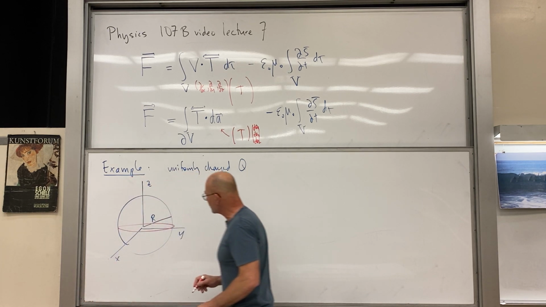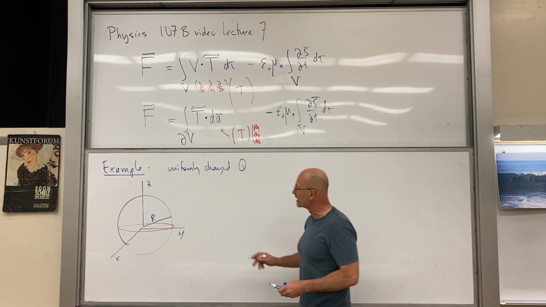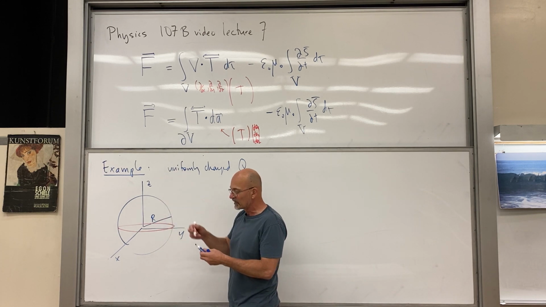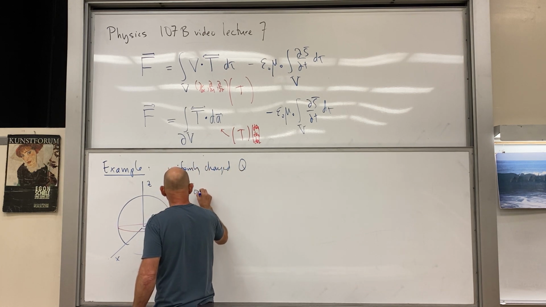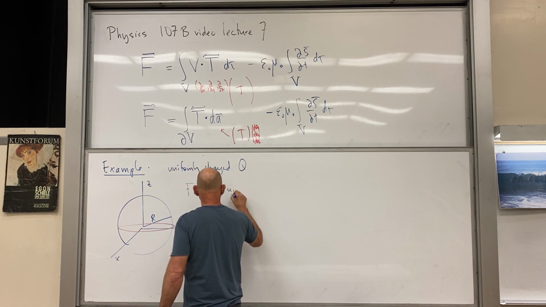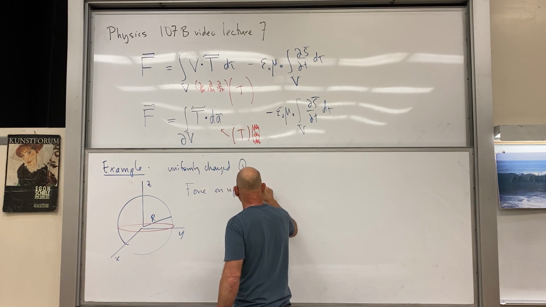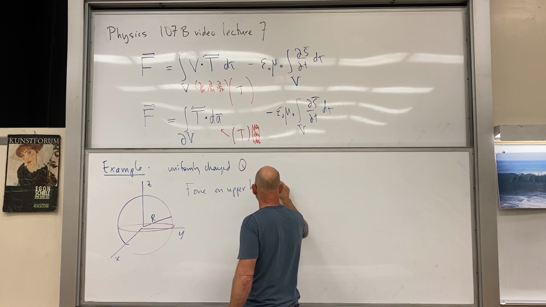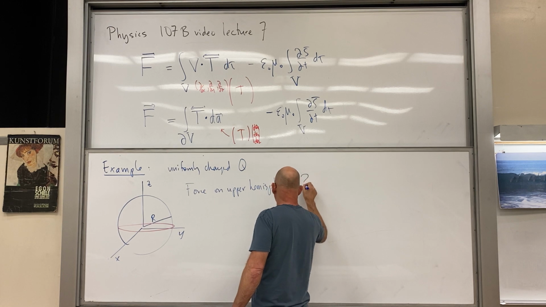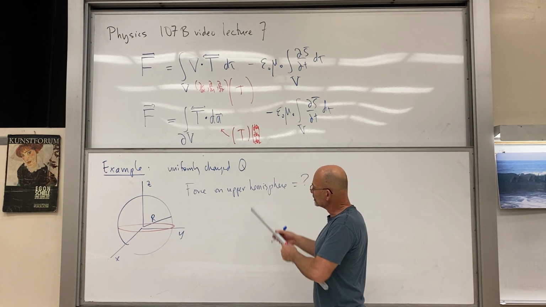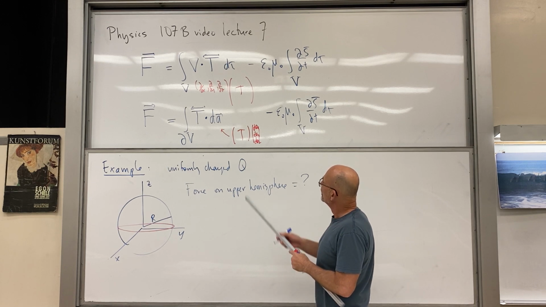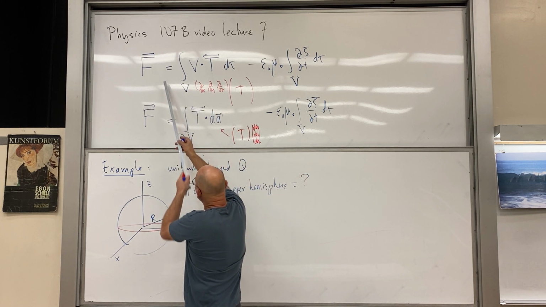Okay, so we have separated that into two hemispheres, and we're asking what's the force on the upper hemisphere due to the lower hemisphere. So force on the upper hemisphere, and it's just a uniform electric charge, so we would take F sub z.